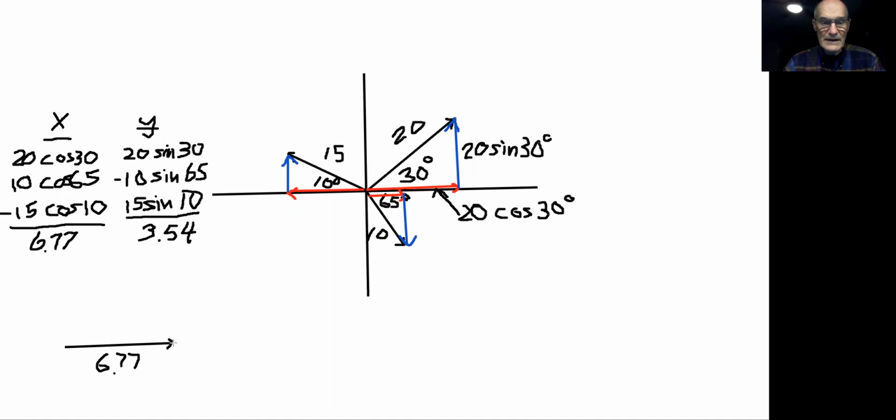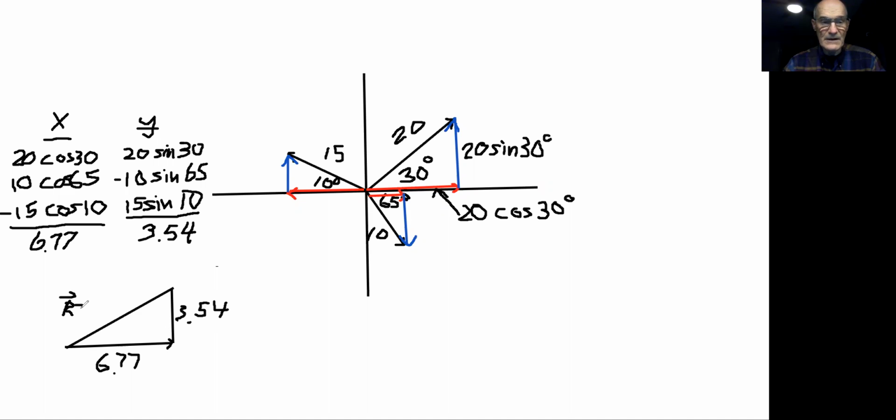So I start here and go in my y direction 3.54, which is about like that. Then I draw my triangle from here to here. So now what I see is this is my 3.54, and then I have my resultant vector over here, which is the hypotenuse of this triangle.